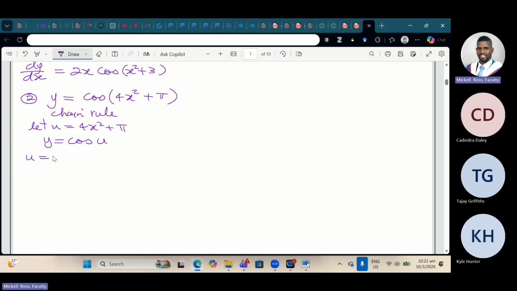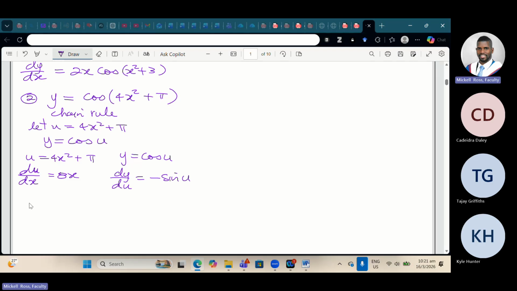So if u is equal to 4x squared plus pi, then the derivative of u with respect to x is going to be equal to 8x, because pi is a number. And if we have y is equal to cos of u, then the derivative of y with respect to u, when you differentiate cos, you get negative sine. So we'll get negative sine u. All right.